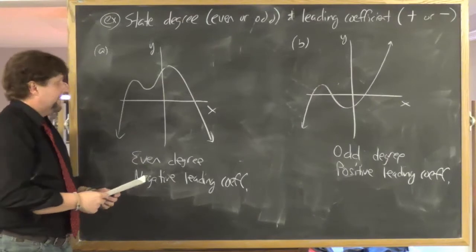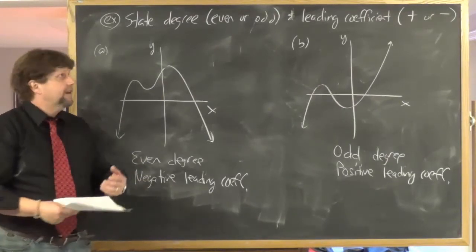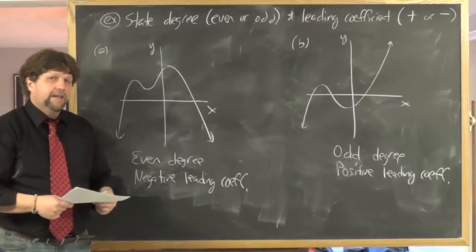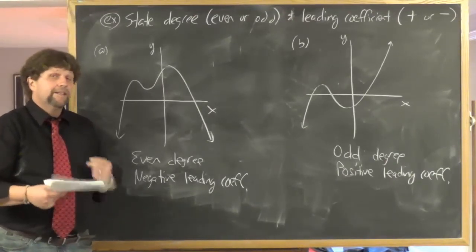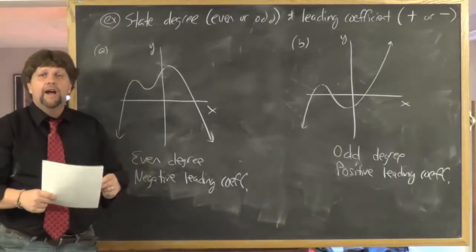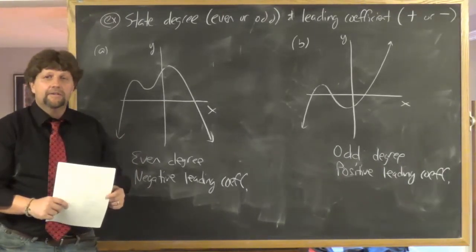And I hope that's making sense, how we can use the power of this leading coefficient test. Next up, we're going to talk about zeros of polynomials, and then we're going to put this all together and actually graph a polynomial function.